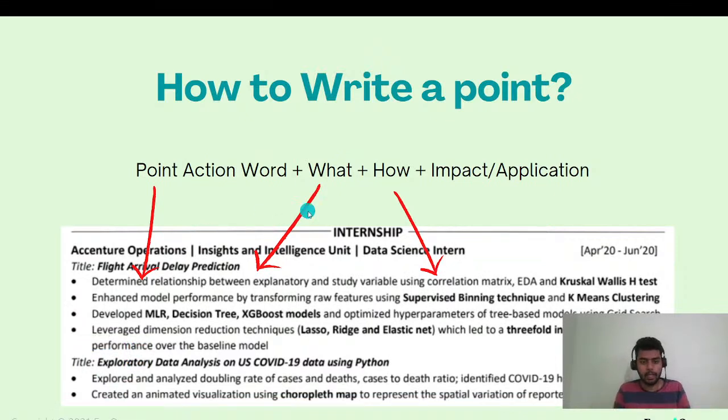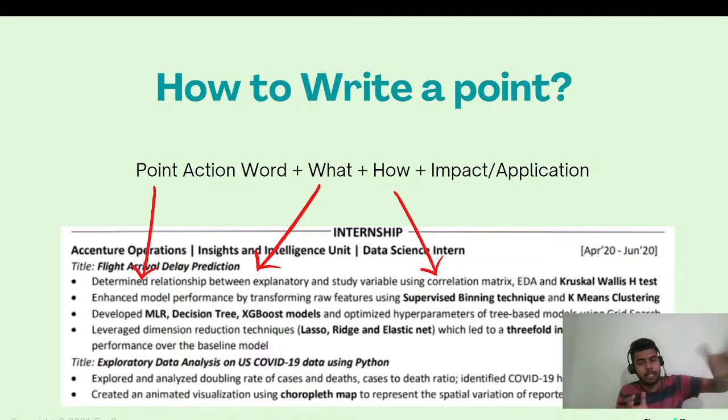Then there are questions, like what that action keyword is representing. For example, determined the relationship between exploratory and study variables using a correlation matrix. It says he has determined, and what he has determined. If you combine the action keyword with the what question, you have the answer in this line: determined the relationship between exploratory and study variables.